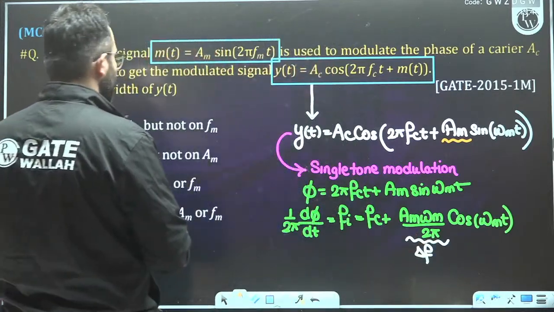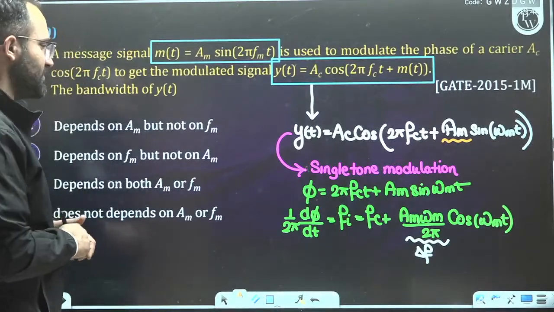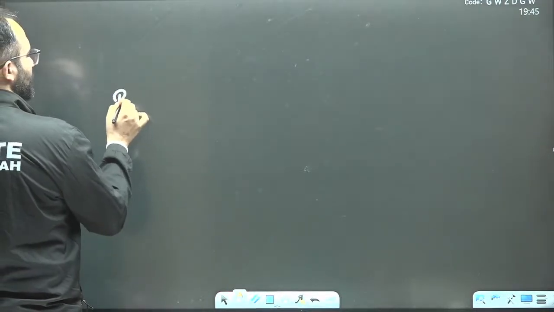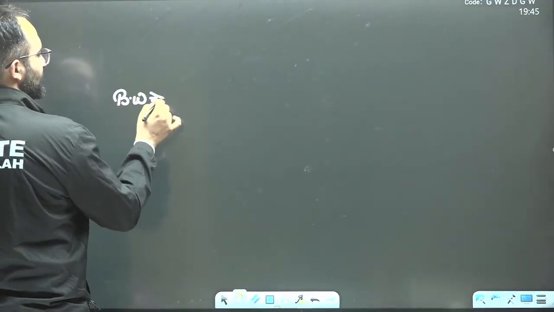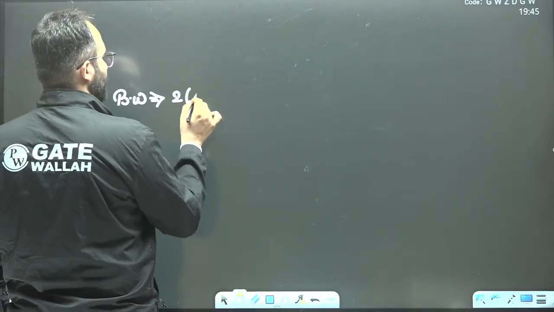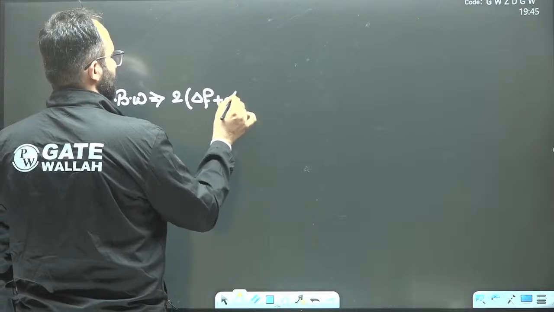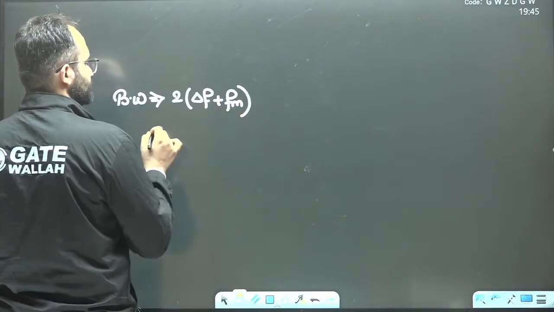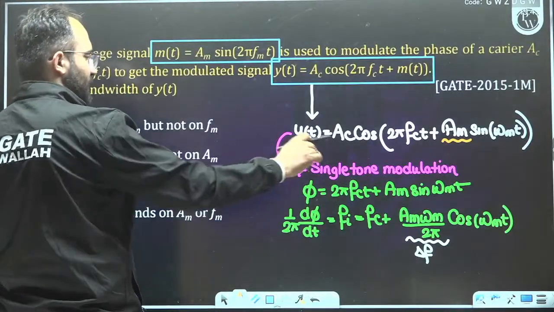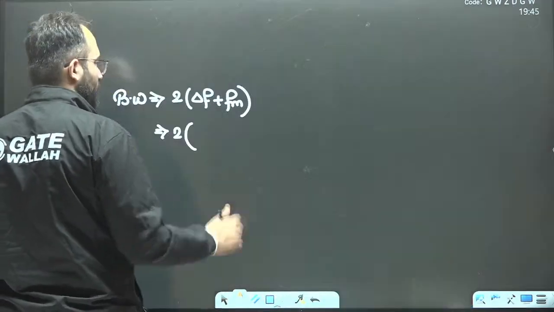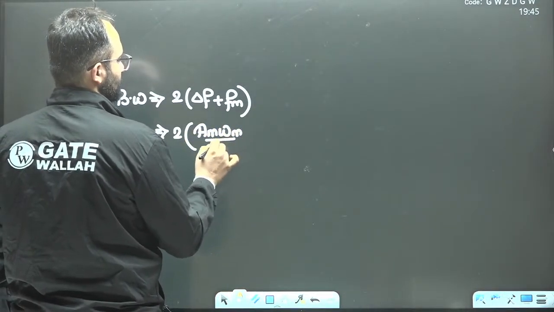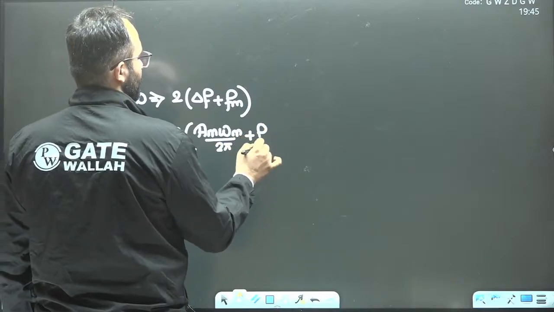Okay. Now we have to talk about the bandwidth. This is your delta f. So the bandwidth of the angle modulation, whether it is FM or PM, doesn't matter, is simply 2 times delta f plus message bandwidth. That is 2 times, what is delta f? Delta f is Am omega m upon 2 pi, plus fm.